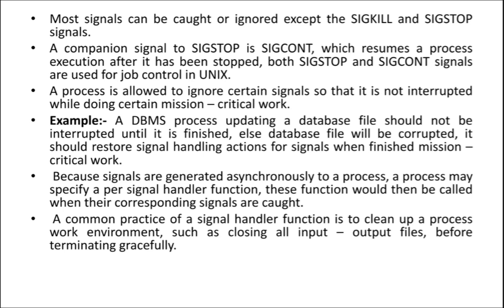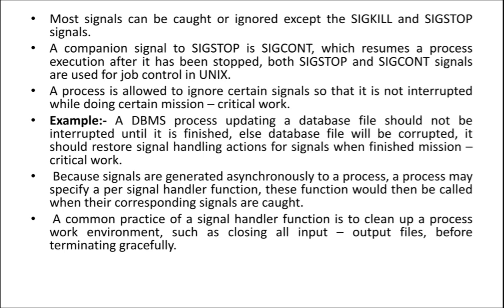A common practice of a signal handler function is to clean up a process work environment, such as closing all input-output files before terminating gracefully. Obviously, what is the use of this handler function? When the task is completed, if you want to clean up a process work environment, such as closing all the input and output files, you can do that, or else you can't identify which signal is generated, right?